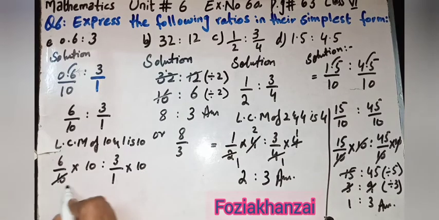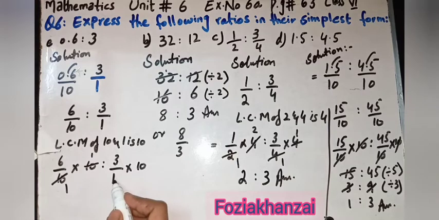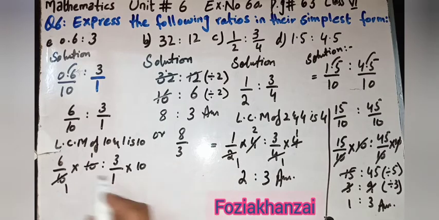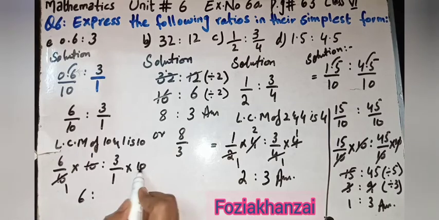Simple, reduce it. 10 ones are 10, 10 ones are 10. Now this part, 1 one is 1, 1 ten is 10. Again we get the same number 10. So no need to reduce it. 6 ones are 6 is to 10 threes are 30.